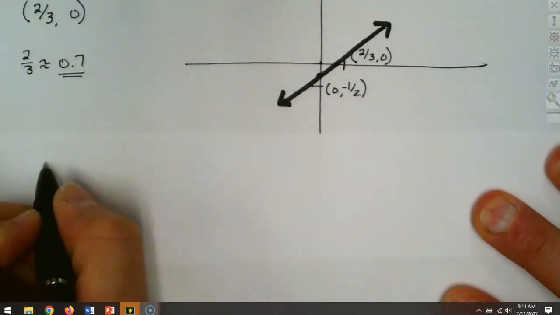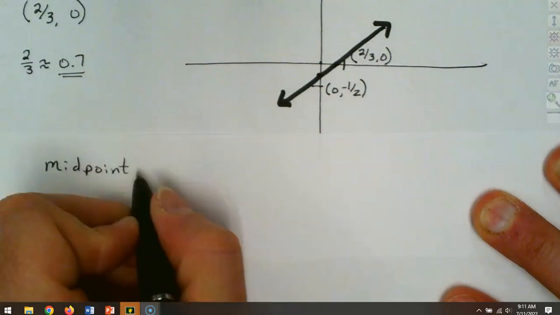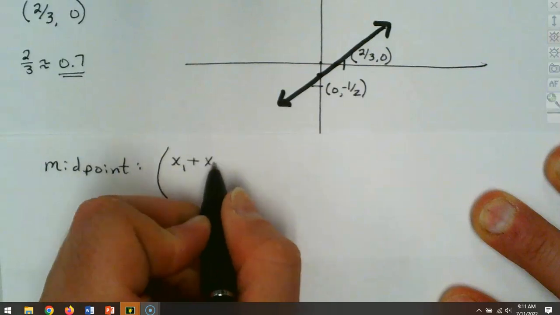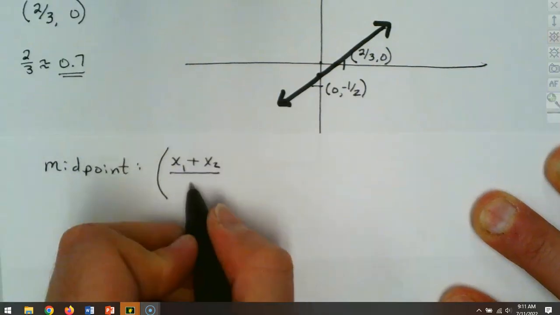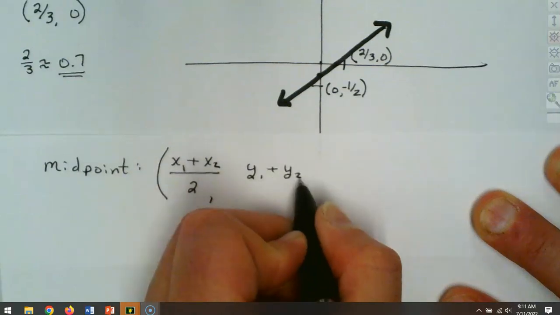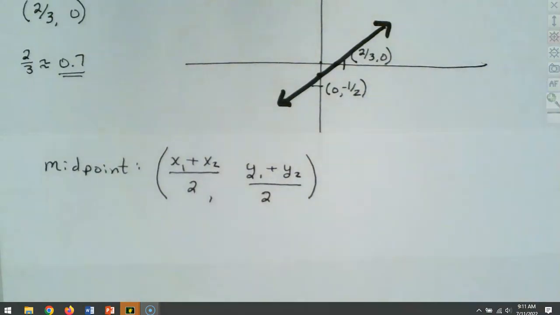So when we talk about our midpoint, our formula is simply x1 plus x2 over 2 and y1 plus y2 over 2. So that's going to be our midpoint formula. All we do is we add the x's together, and we divide by 2. We add the y's together, and we divide by 2.